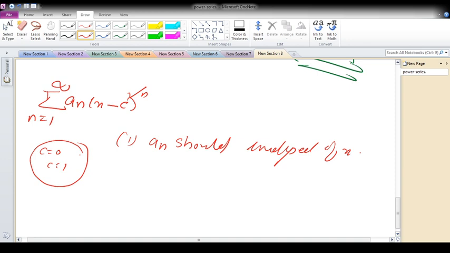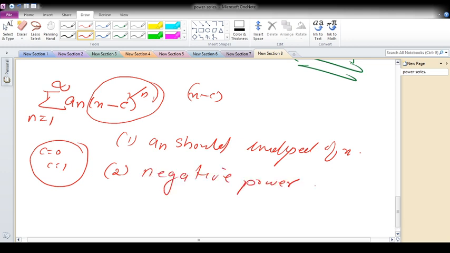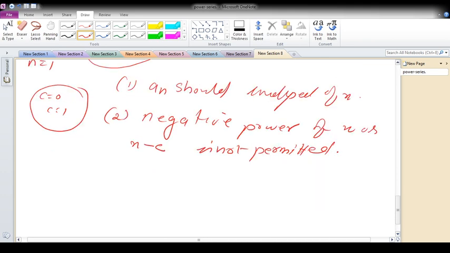Second thing is (x minus c) power n. This variable power is not a negative power. Negative powers of x or x minus c are not permitted. Negative powers of x, that means 1 by (x minus c), 1 by (x minus c) square, are not possible in the case of power series.